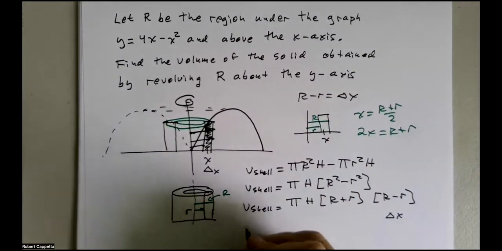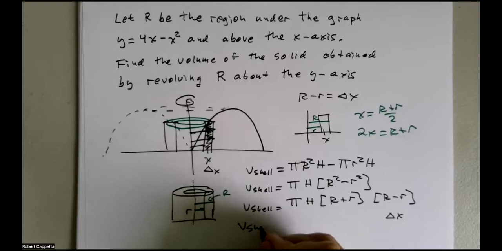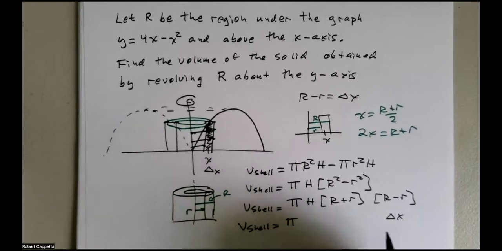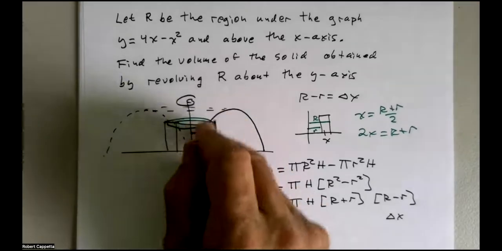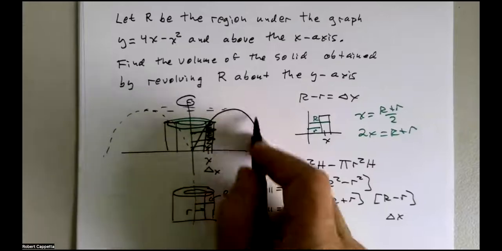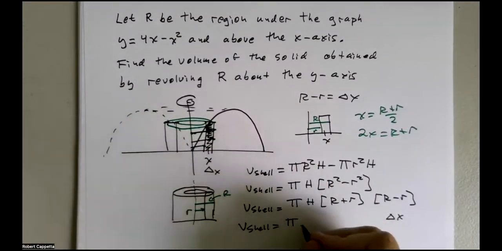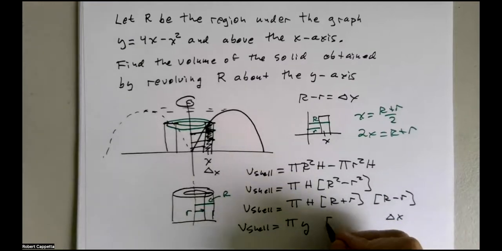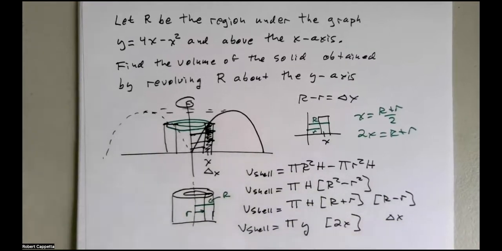So you get the volume of the shell in general is pi h, which will be the value of the function. We have our function here is 4x minus x squared, but in general, it's y. Height is going to be y. R plus r in general is going to be 2x if we are rotating around the y-axis. You want to keep those things in mind.